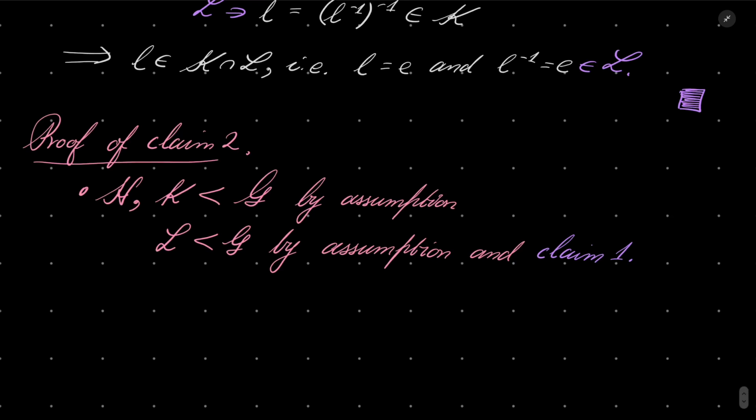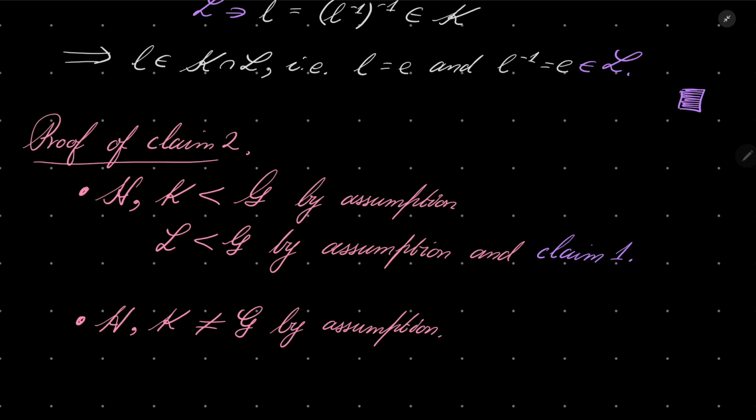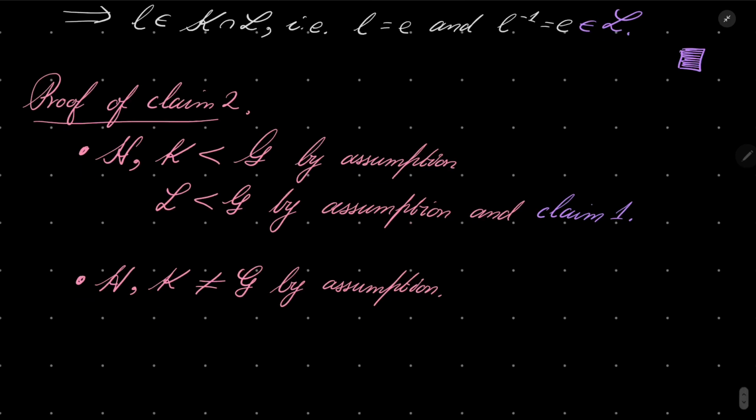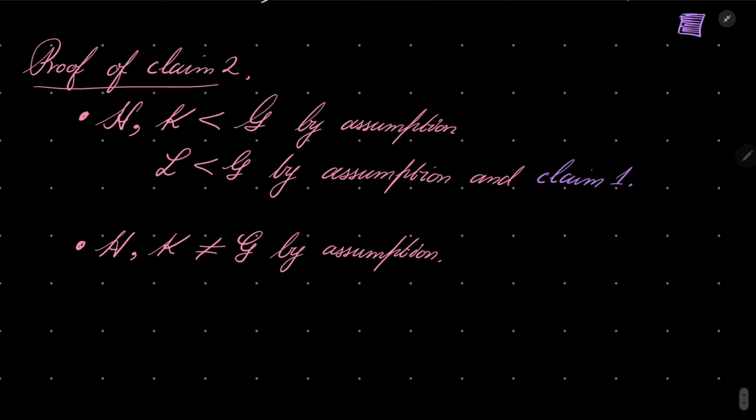Well, H and K are proper by assumption, again, are not equal to G by assumption. And L, can L be equal to the entire group G? Well, let's write it in red because it's not possible.